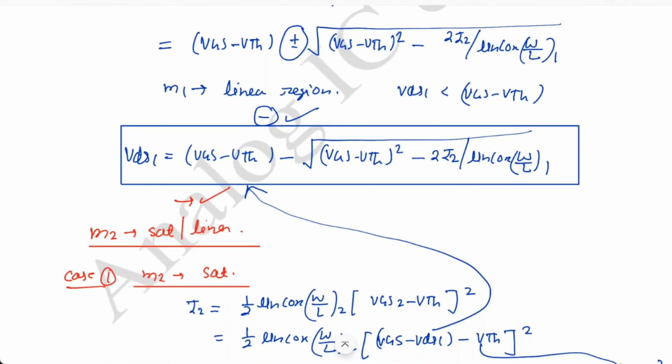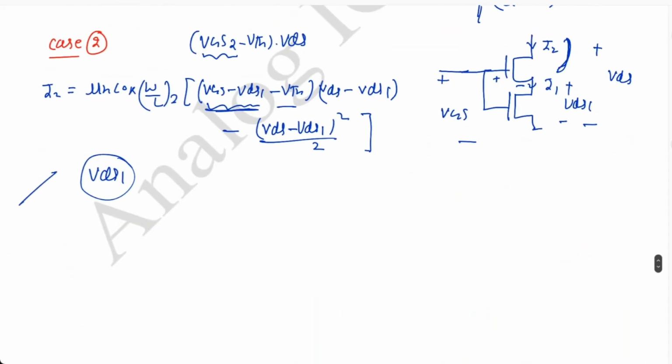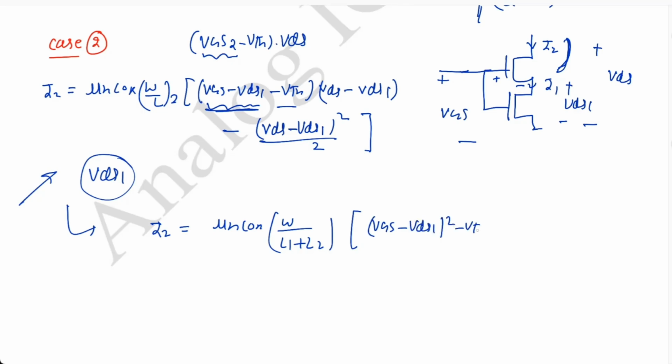So this VDS1 value we have to put in this equation, and when you solve, you will get the same equation, the same model, as I2 equal to mu1 Cox W by (L1 plus L2) times (VGS minus VTH) into VDS minus VDS square by 2.